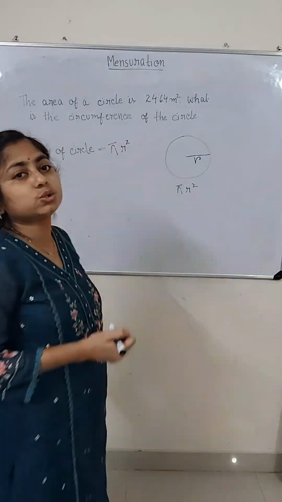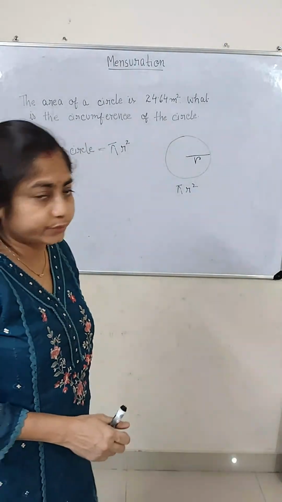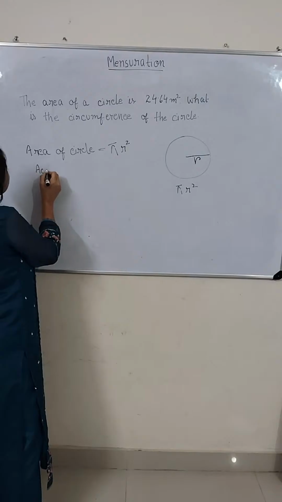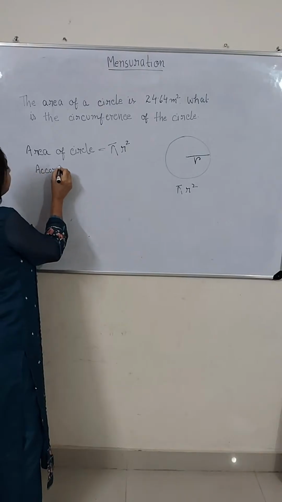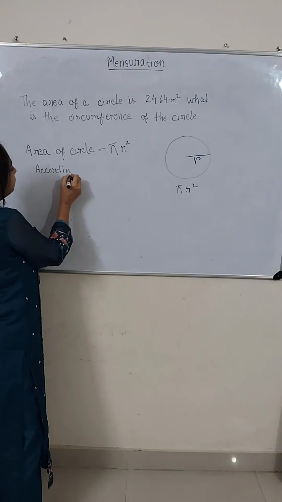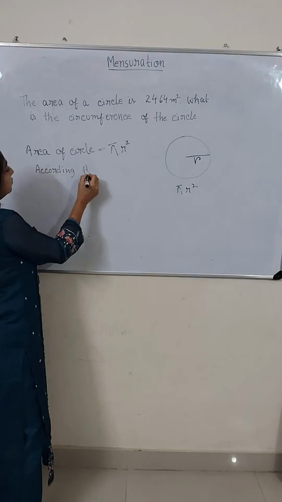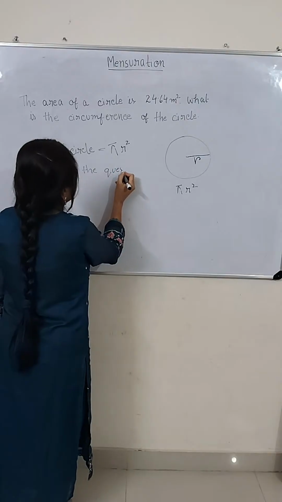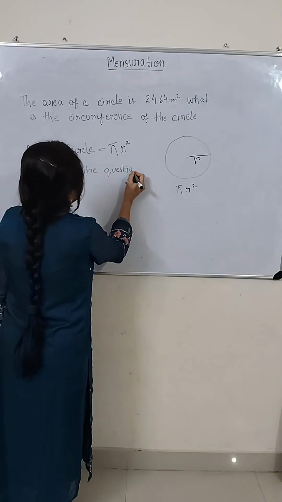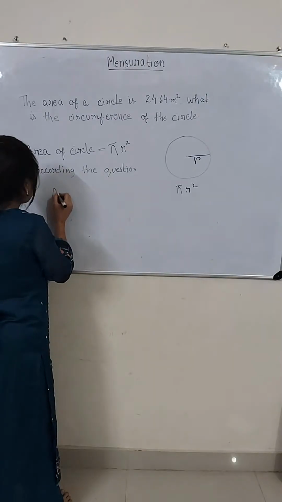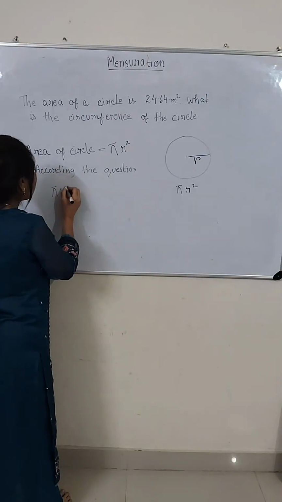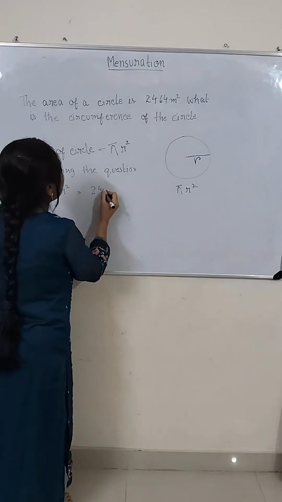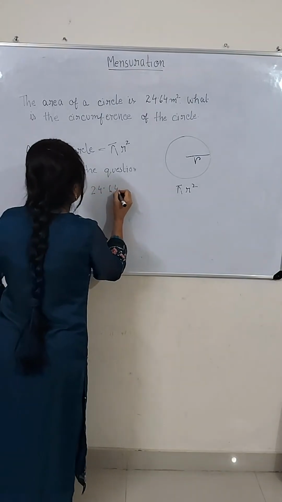The value is 24.64. So according to the question, pi r square is equal to 24.64.